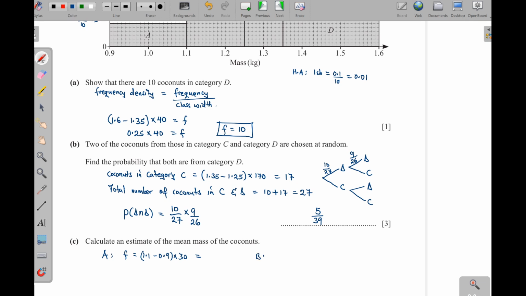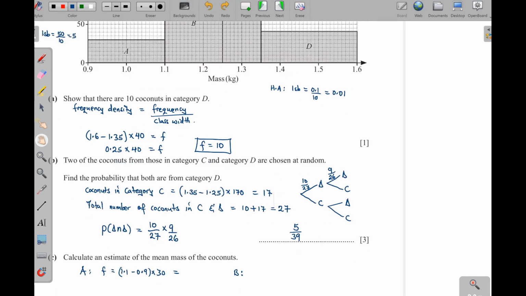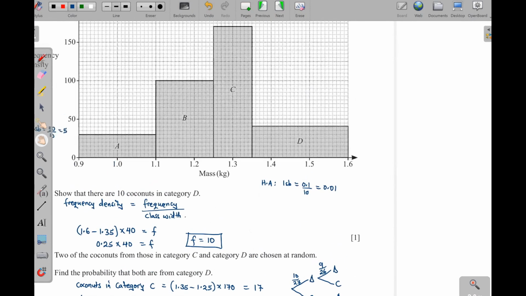Then for category B, we also do the same. We have 1.25 minus the 1.1. The frequency here is 1.25 minus 1.1. Then we multiply this one by the height of the bar here.